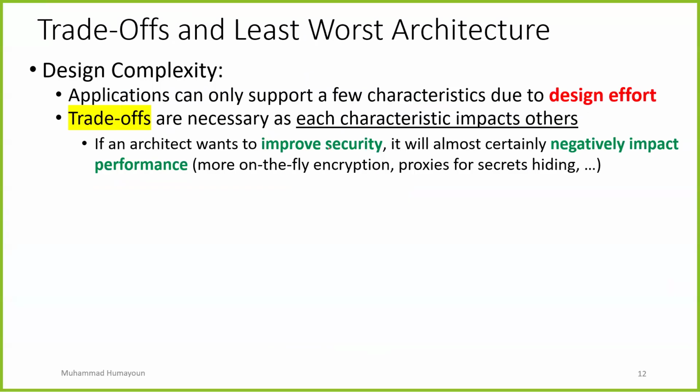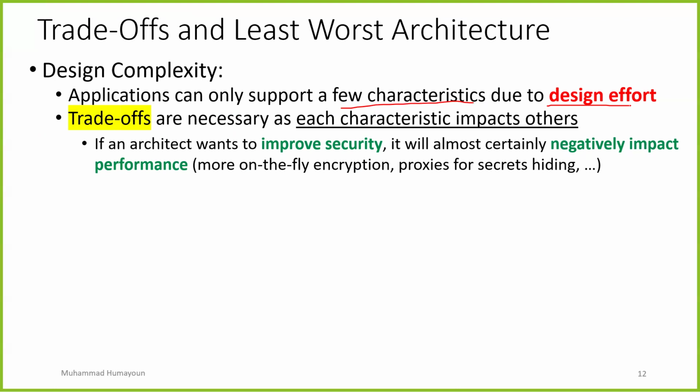And now we will talk about trade-offs and least worst architecture. So the more architectural characteristics you try to put in, the more complex your design will be. Applications should only support a few architectural characteristics so that you can support your design.